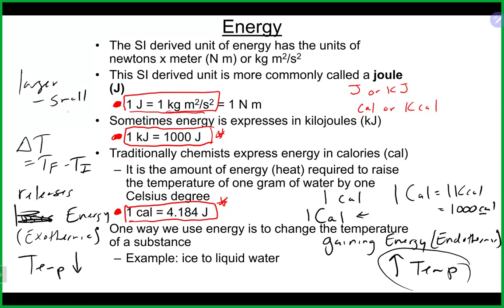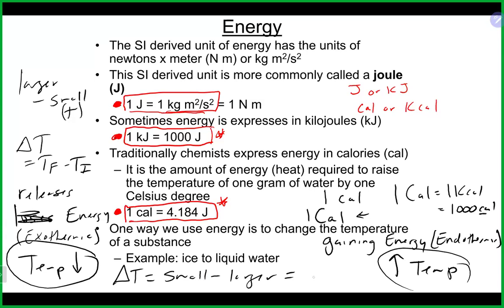That gives a positive number, so the energy and heat will be positive. If my final temperature is smaller than my initial temperature, I have a smaller number minus a larger number, and you end up with a negative value. It's really that change in temperature that helps determine what is happening in a reaction or situation. Is it gaining energy or losing energy?